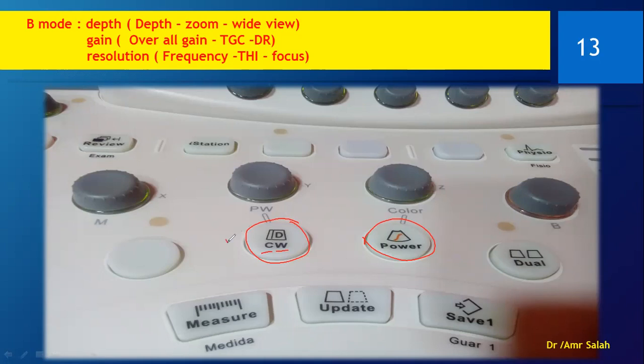Okay, let's start with the CW. Anyone has any idea what it does? The CW. Okay, bravo. I see that some of you got it right. It is the continuous wave. Now, do we normally use it as a standard in our ultrasound examination?